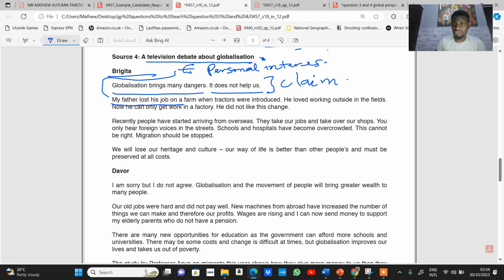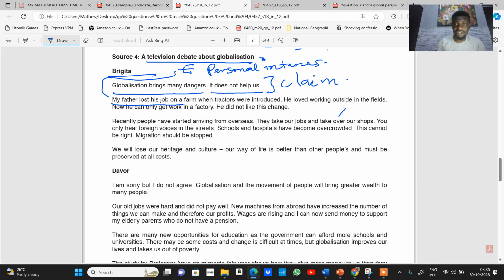Now, he loved working outside in the field. Now he can only get work in a factory. He did not like this change. Recently, people have started arriving from overseas. They take our jobs and take over our shops. So she's looking majorly at local interest. Now, you only hear foreign voices in the street. Schools and hospitals have been overcrowded.